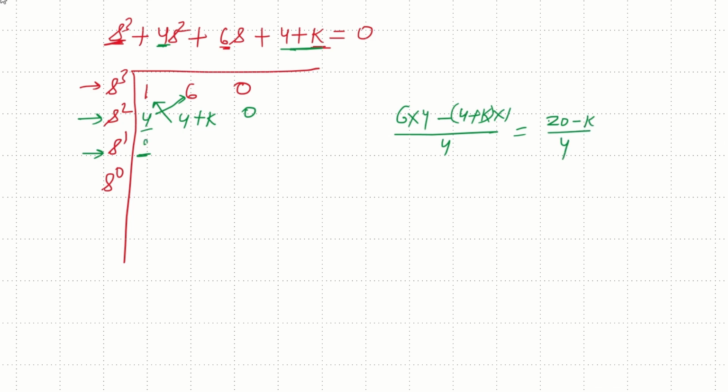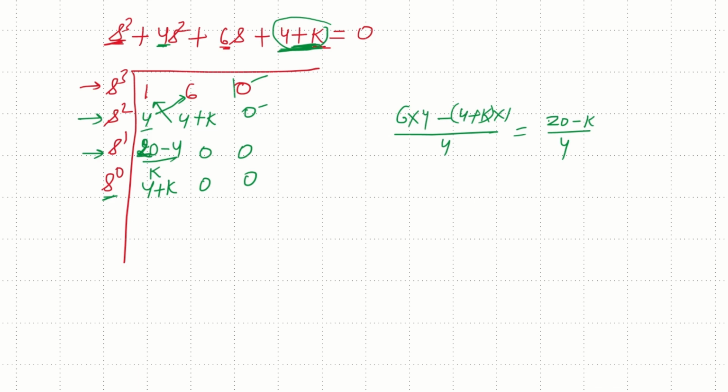The remaining element will be 0, since these column elements are 0. And for the s to power 0 row, we know this will be the constant term, so this will be 4 plus K, 0, 0.